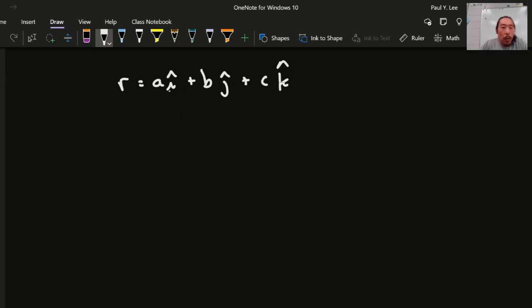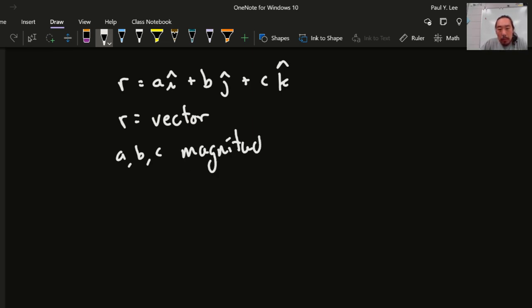Let's go over each part of that formula individually. R is the vector. A, B, and C are the magnitudes. And the i hat, the j hat, and the k hat are the directions.